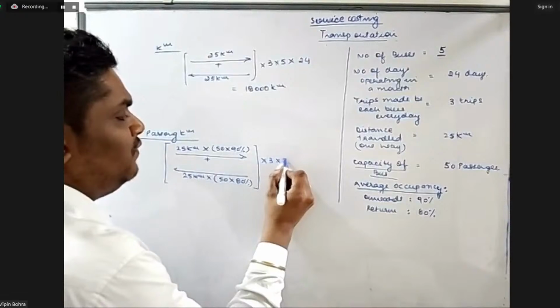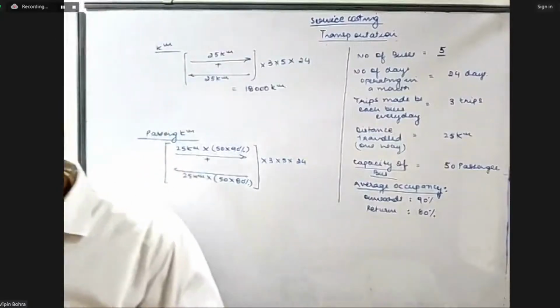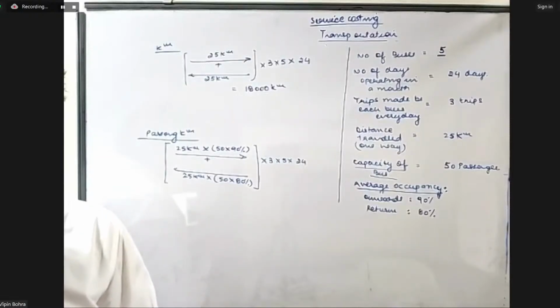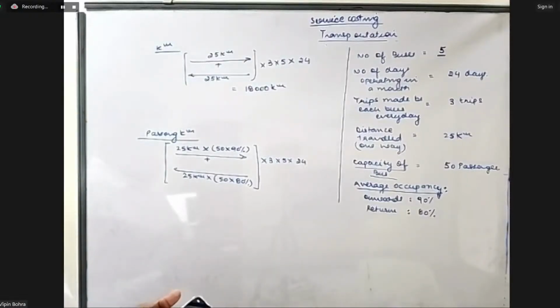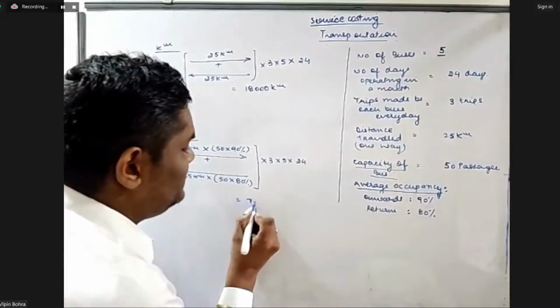Into 3 trips in a day, into 5 buses, into 24. So this is 7,65,000.